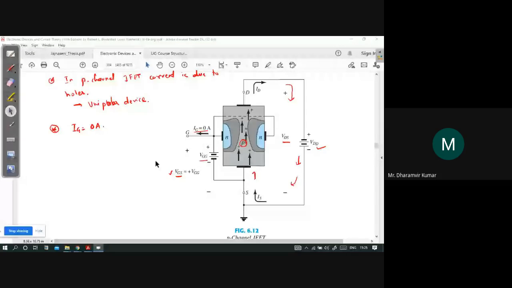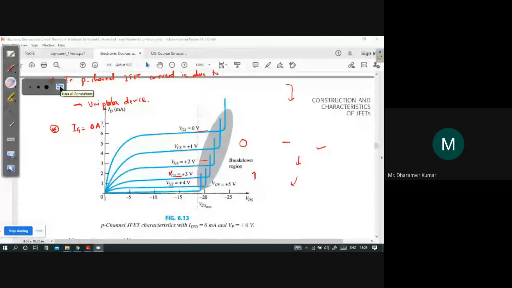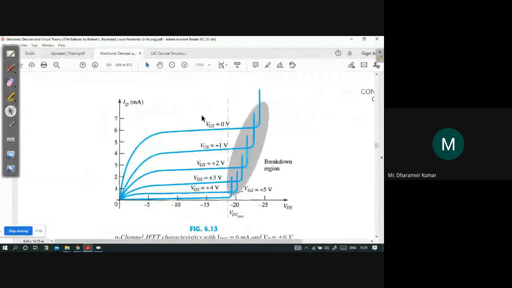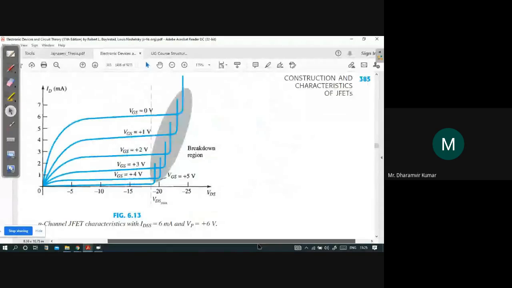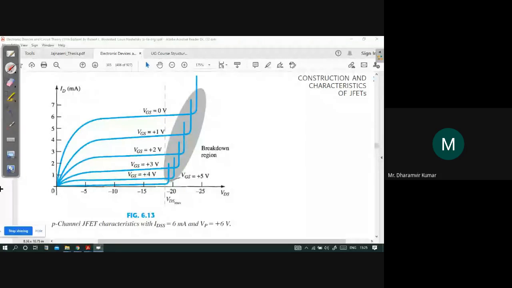Okay, now the characteristic curve. Right here, this is again the curve which is similar to the curve that we obtained for n-channel JFET, if you remember. So this is a curve between VDS and ID.